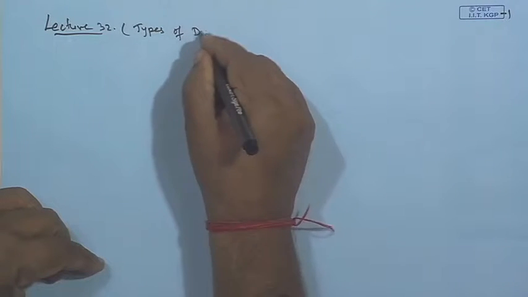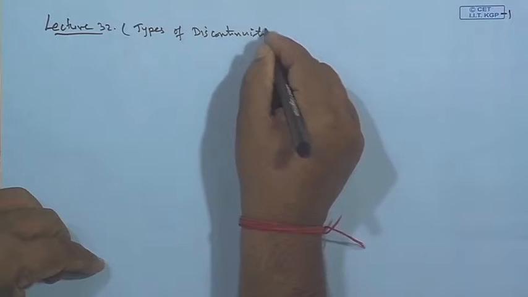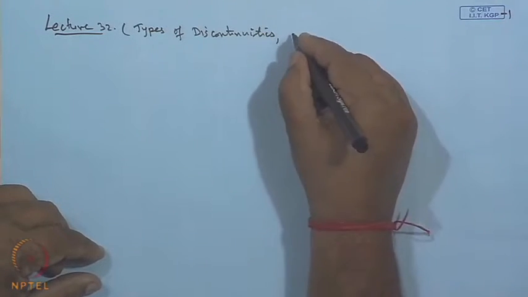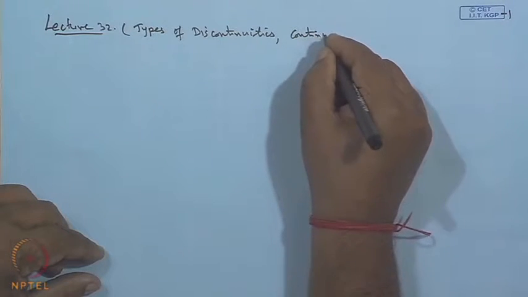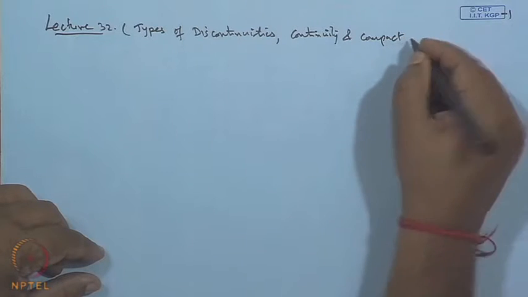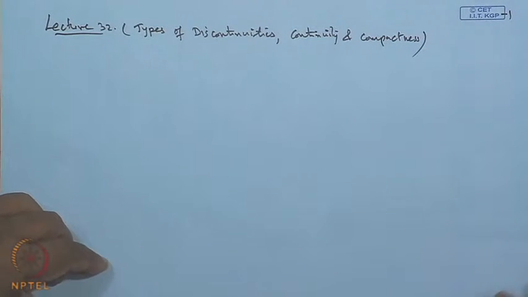So, today we will discuss various types of discontinuities, and then we will see the relation between continuity and compactness. Okay. So, let us see.